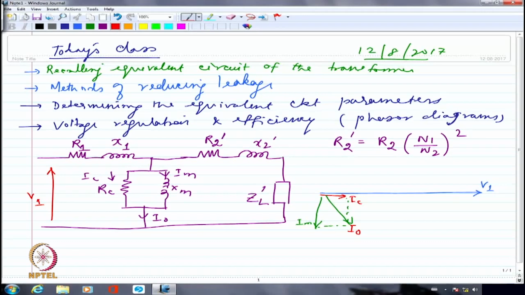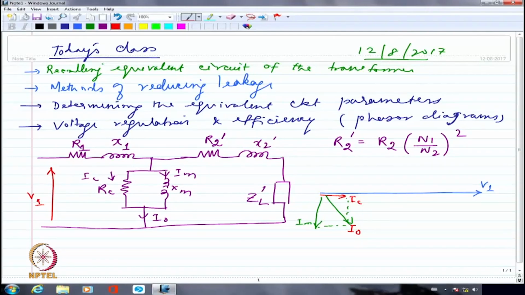R1, let us try to look at some of the values. If I am talking about a 2.2 kVA, 220 volts by 110 volts transformer, I told you that the primary rated current is about 10 amperes. What I am going to get as the no load current is only 0.2 or 0.3 amperes.